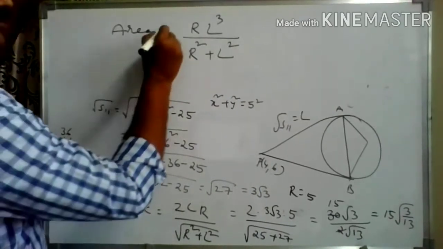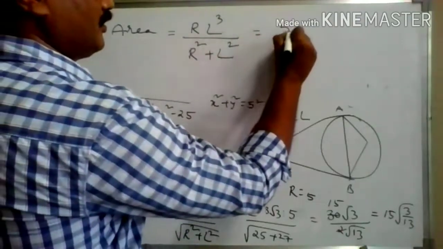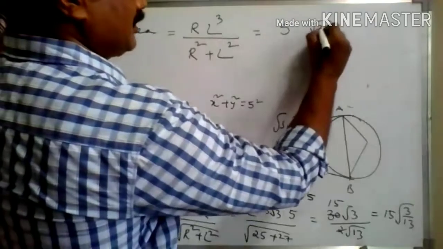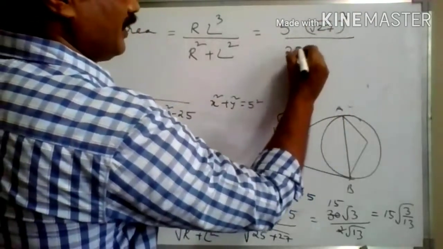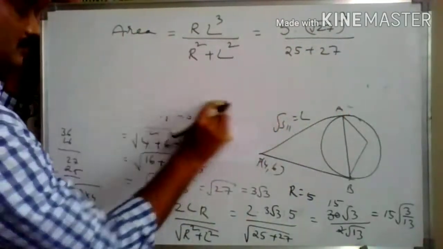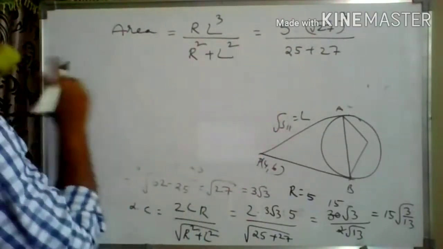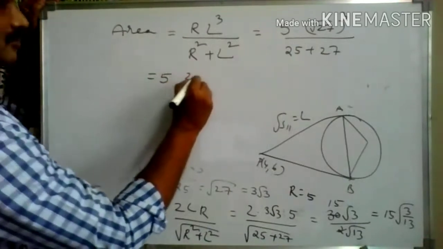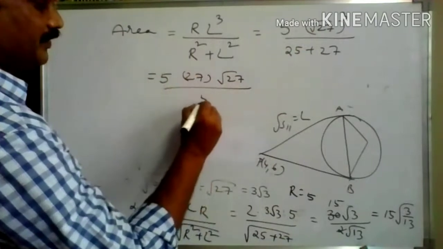Next, area is equal to R L cube by R square plus L square. R is equal to 5, L is equal to root 27. Root 27 whole cube by R square 25 plus L square 27. So 5 into root 27 whole cube is 27 into root 27 by 52.